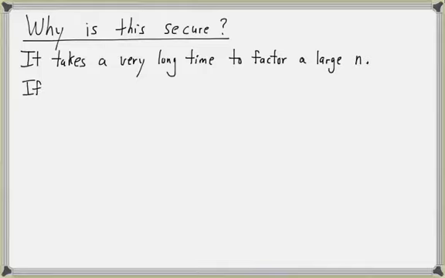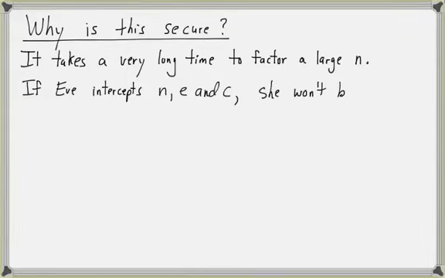So even if Eve intercepts the modulus n, the encryption exponent e, and the ciphertext c, she won't be able to compute d, the decryption exponent, because she can't factor the large modulus n.